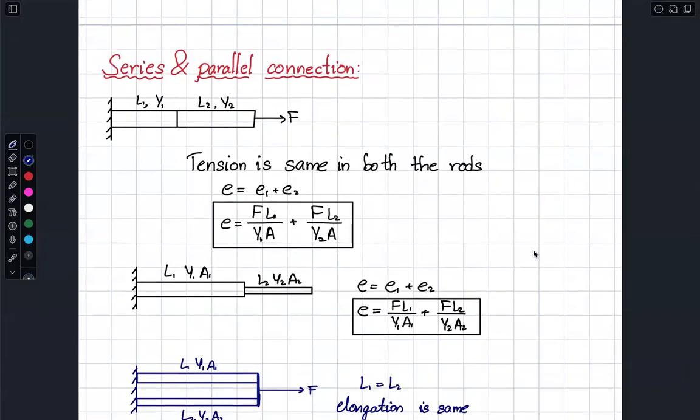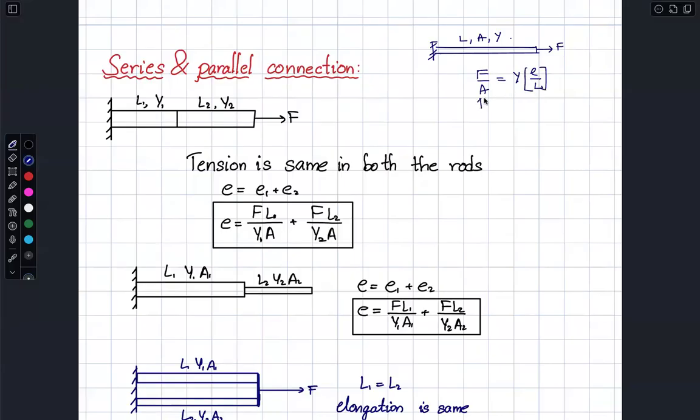Now, series and parallel combination of rods. When you are stretching a rod, with force F, length L, area of cross section A, and Young's modulus Y, we already know this is stress, Young's modulus times strain.